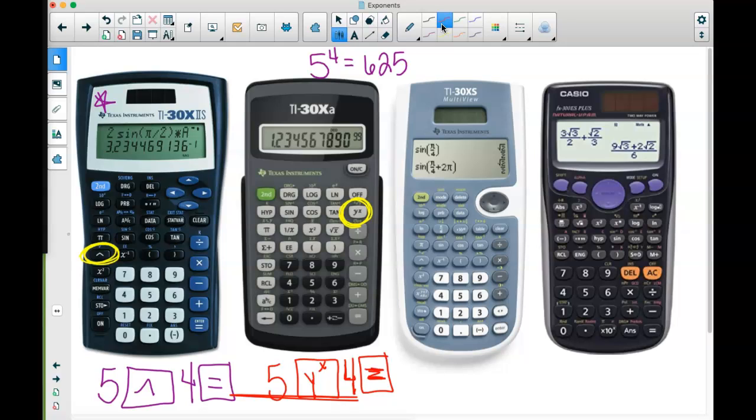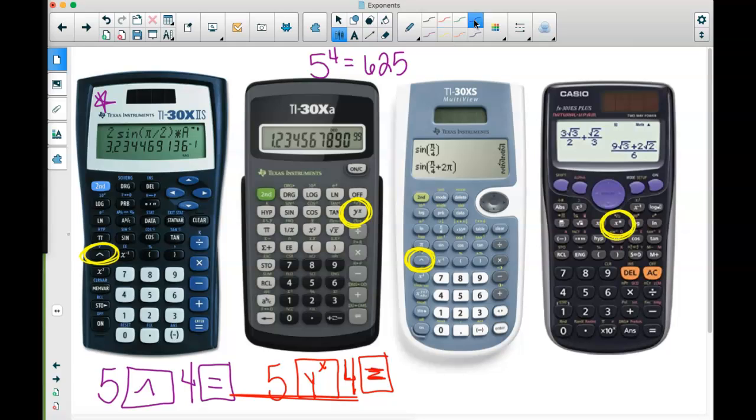Okay. Some of you have the next calculator, and that one works very much like the first one. So you can see that arrow up button again, so you enter everything the same way you would have on the first calculator that I showed you. And then some of you have a Casio calculator. That one looks just a little bit different. There's a button right here.